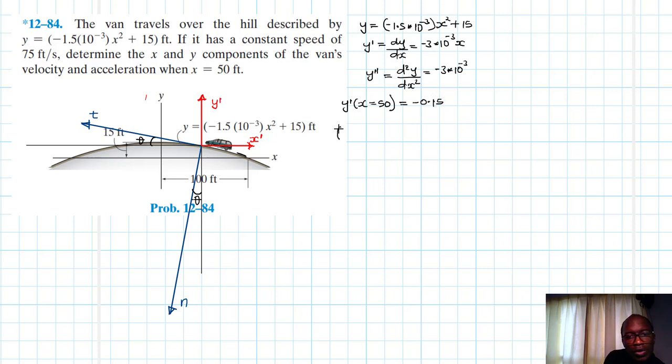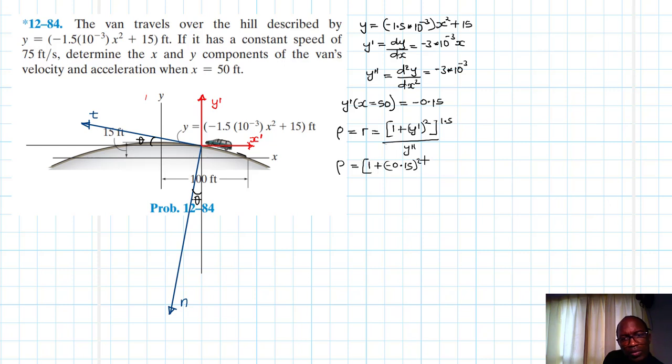So we know that rho, the radius, is equal to 1 plus y prime squared, everything to the power 3 over 2 or 1.5, divided by y double prime. Therefore, our rho is equal to 1 plus minus 0.15, and then we are squaring this.